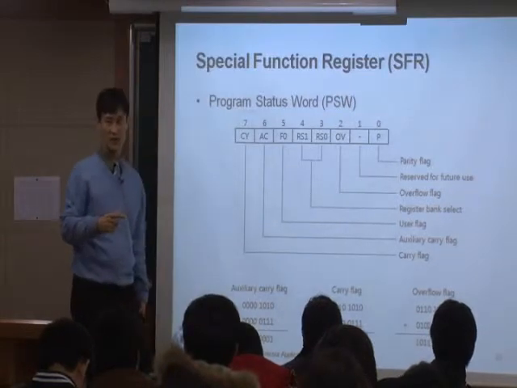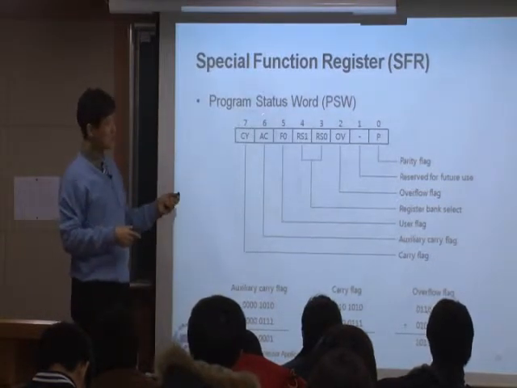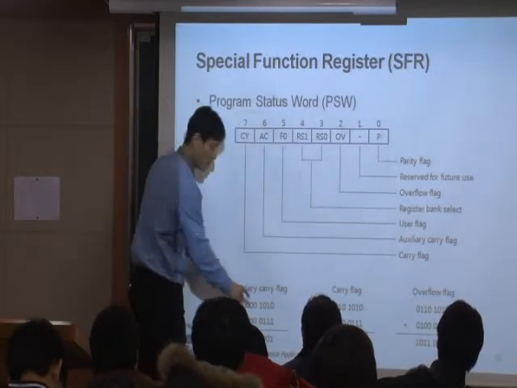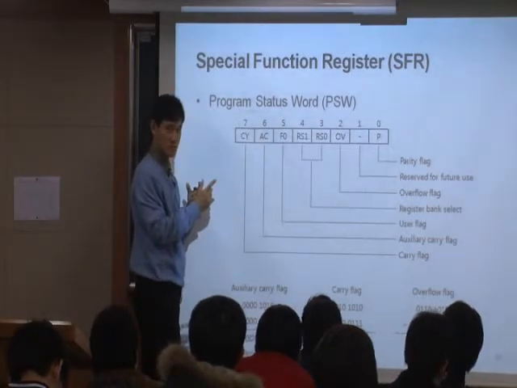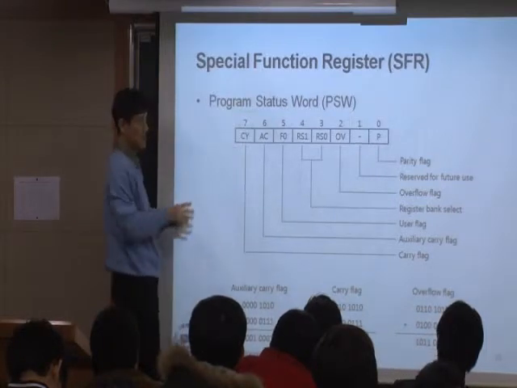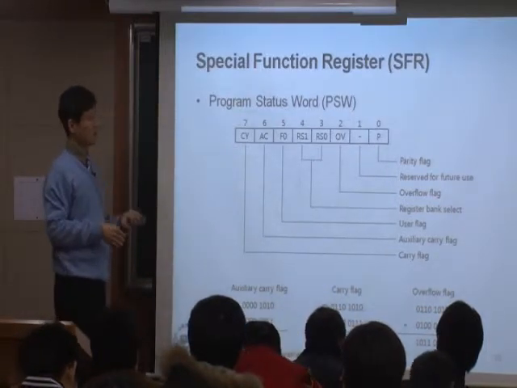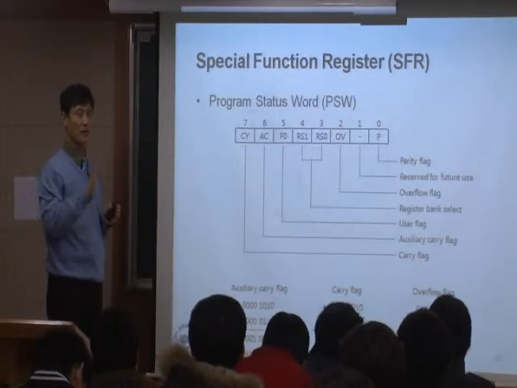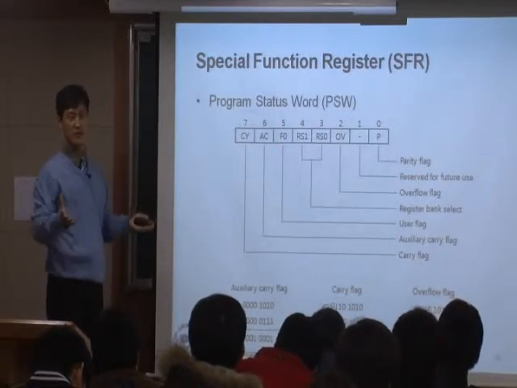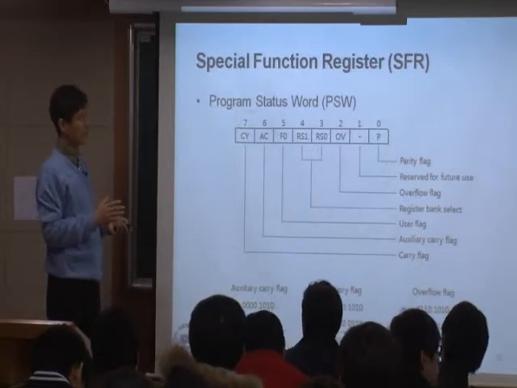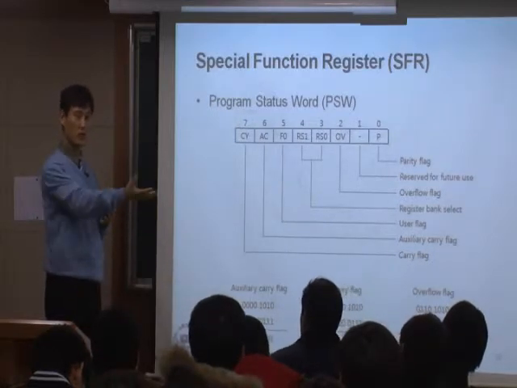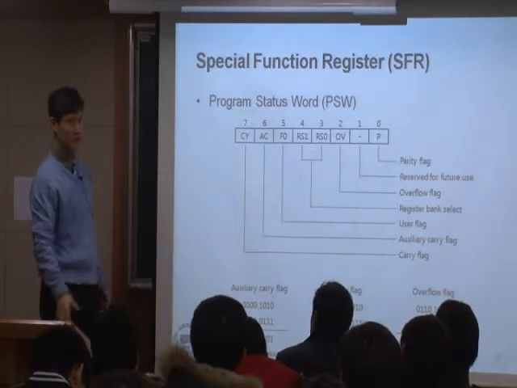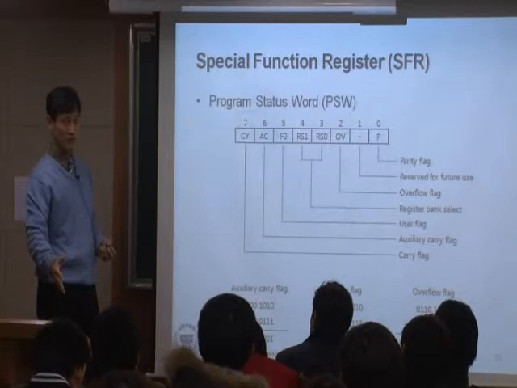That's auxiliary carry. This flag was needed when they looked at a 4-bit register, 30, 40 years ago. This one was an 8-bit register, but at that time there were a lot of 4-bit processors, and 8-bit was pretty good then. So you want compatibility with 4 bits, and therefore they introduced the auxiliary carry.